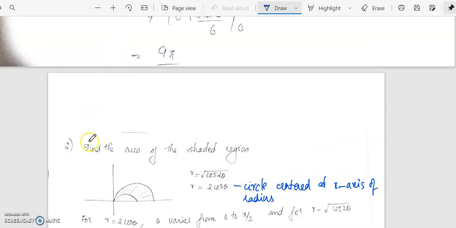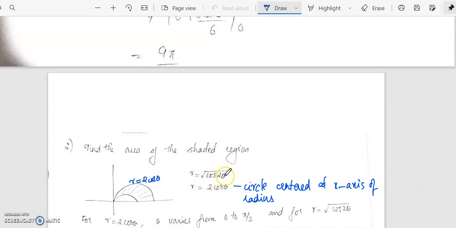Okay. Now when r is equal to 2 cos theta, when theta equal to 0 the value will become 2, and when theta is equal to pi by 2, the value will be 0. So this will be the curve r equal to 2 cos theta.